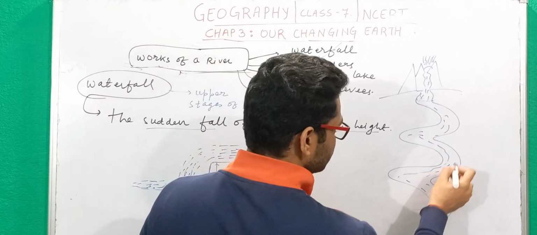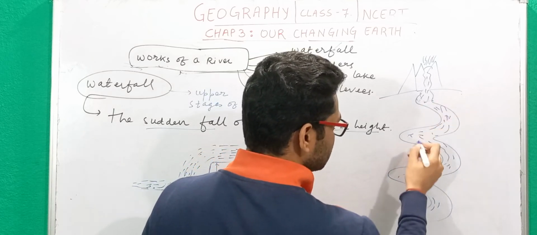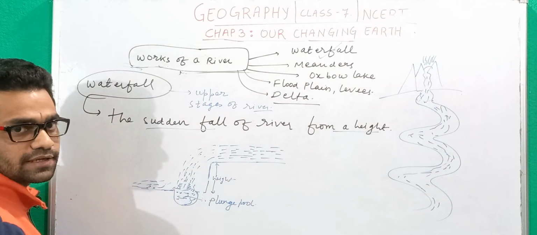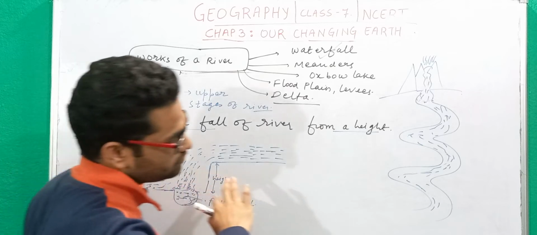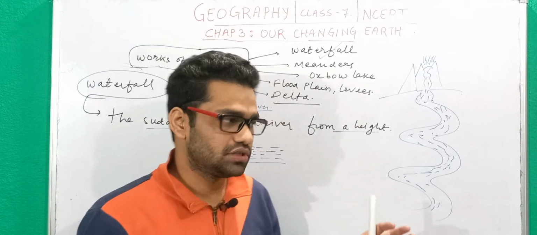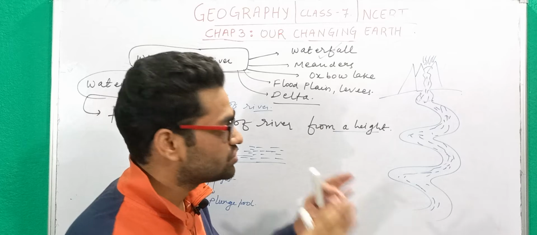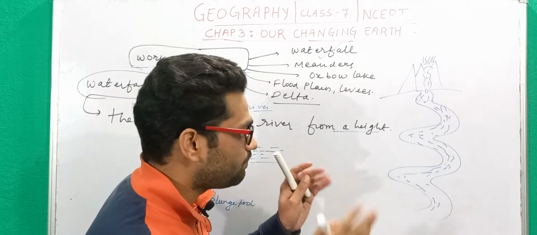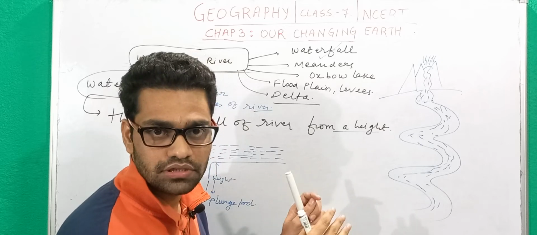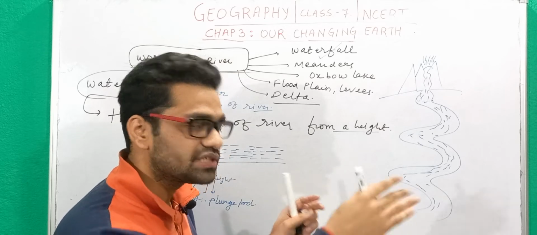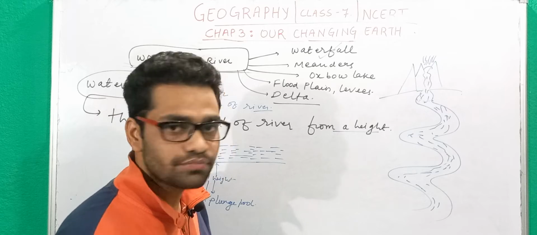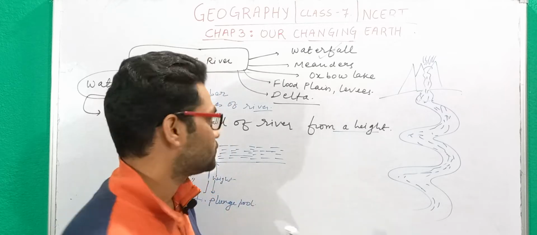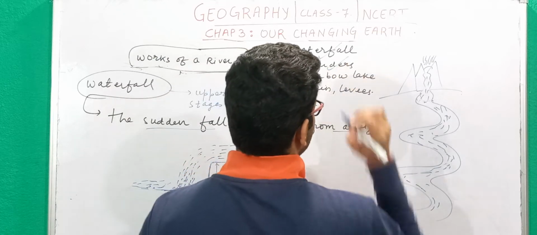Okay, you do not have to go into great detail about meandering, just understand what this phenomenon is. So this is basically a path followed by a river, in which it follows a zigzag type of path because of the huge amount of debris that it brings along with it. Okay, so this is all about meanders.